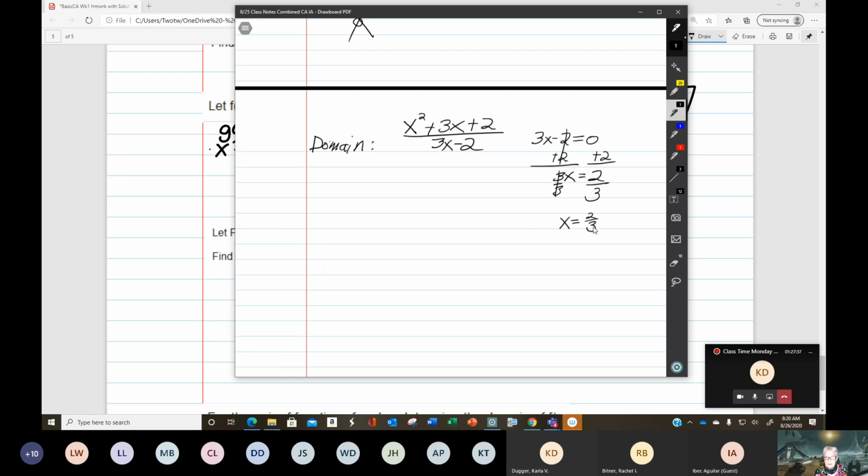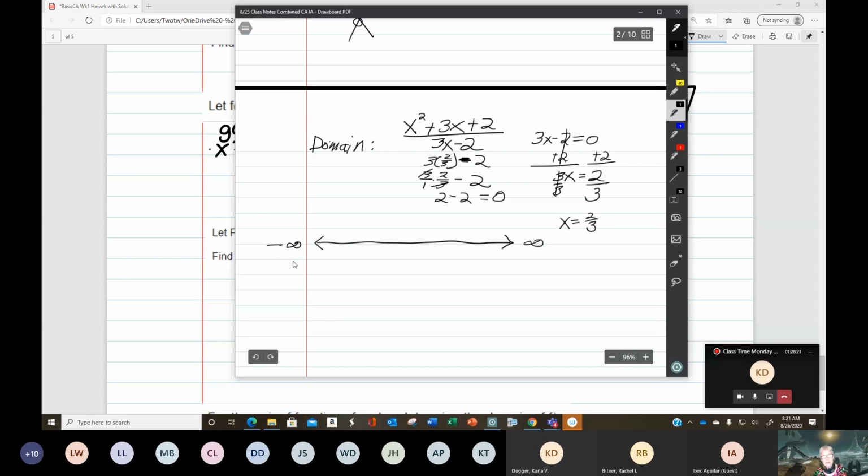This is the number that if I put it in here, I'll get a 0. 3 times 2/3 minus 2 equals 3 over 1 times 2 over 3 minus 2. The 3's cancel, leaving me with a 2. I get 2 minus 2, which is 0. Okay, I cannot allow 2/3 to be in the domain. So if we picture the domain as the entire x-axis, which is what we want it to be, the entire x-axis.